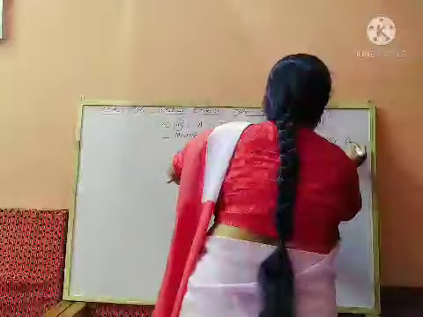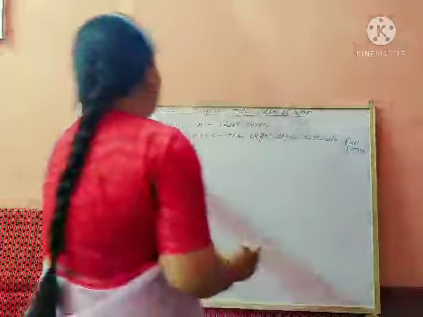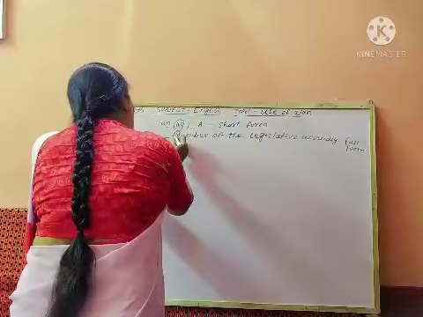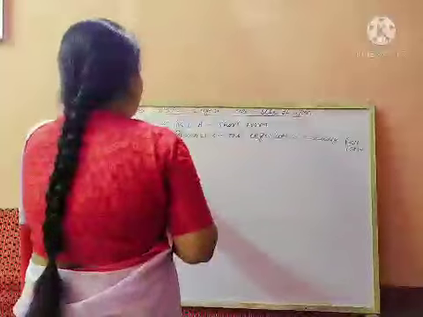The next, the full form: member of the Legislative Assembly. In this place, M is a consonant letter and the sound is also consonant, "Ma", member.